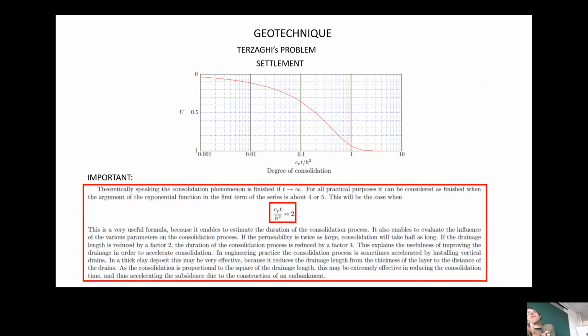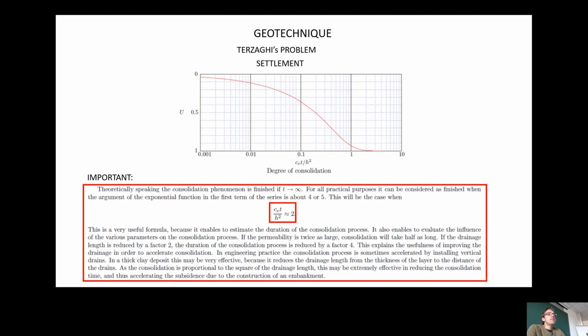It is a very useful formula because it enables to estimate the duration, as I said, of the consolidation process. So it is a formula that helps to understand the consolidation of the soil that we are considering. It also enables to evaluate the influence of the various parameters on the consolidation process. For example, if the permeability is twice as large, the consolidation will take half as long.